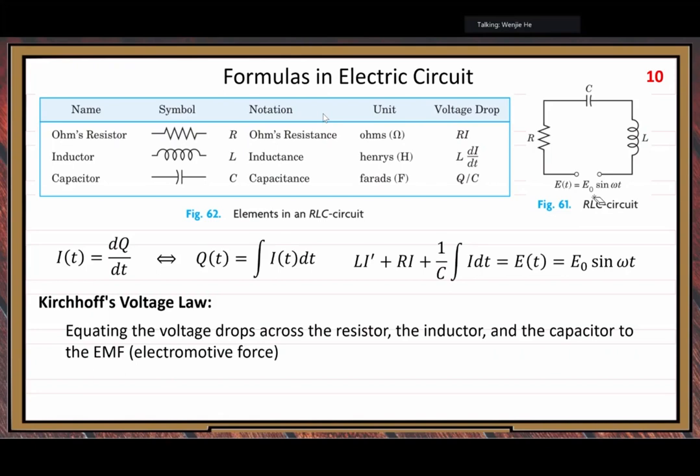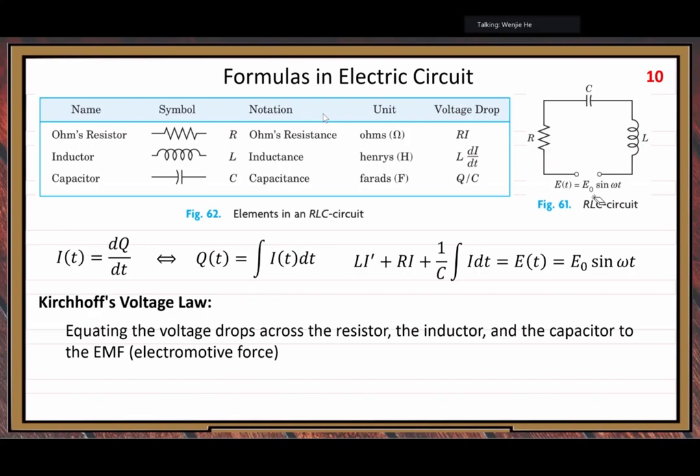So if we write the specific equation, that's the whole equation. The left-hand side has three terms: L times I prime, R times I, but there is an integral.